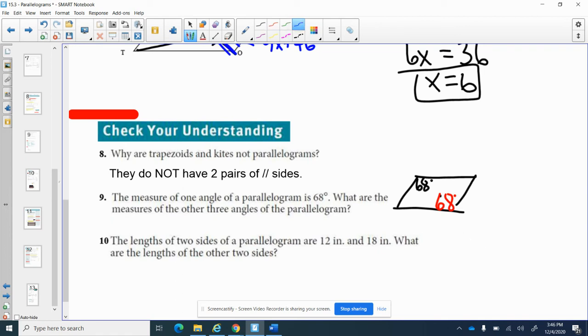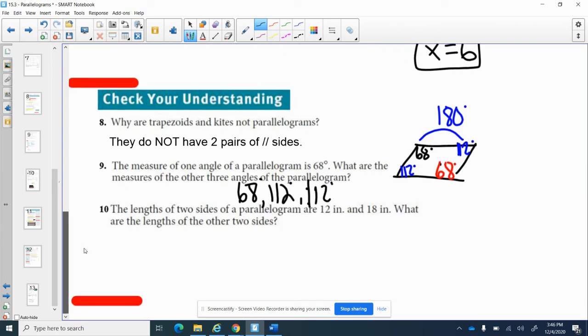And then the other angles are supplementary, the 2 consecutive angles. So those would both be 112, because 180 minus 68 is 112. So the other 3 angles would have to be 68, 112, and 112 degrees.